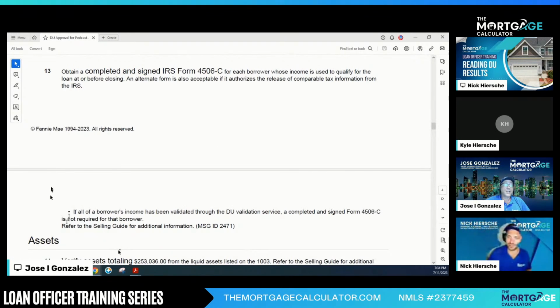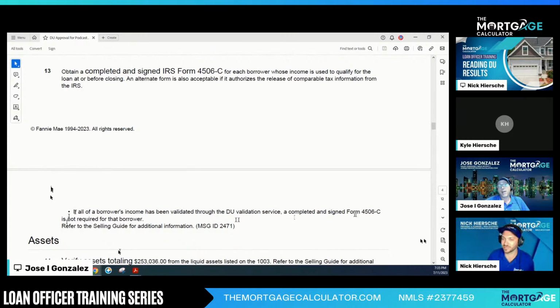Now, sometimes we can be lucky that DU can actually validate the income internally, right? That happens every now and then, when it's a big enough company and they're reporting it through wherever they have to report it. If DU can validate it internally, then it says a completed and signed Form 4506C is not required.